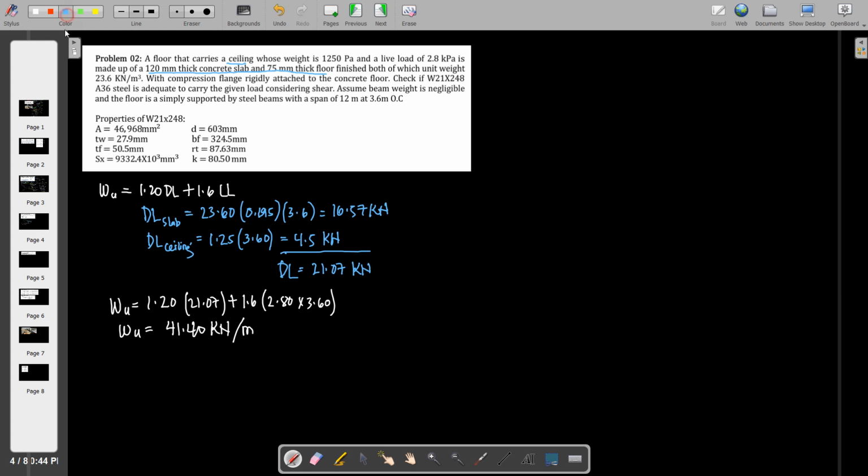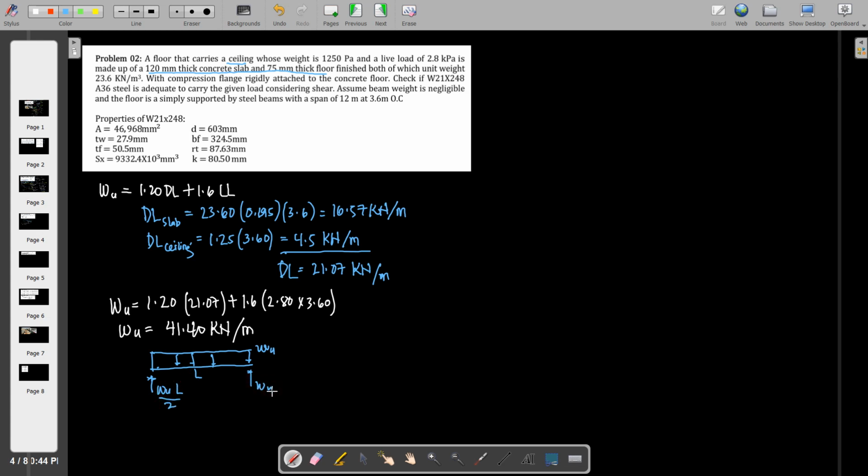So by the way, this is also kilonewton per meter. Okay, so in here, if we have a distributed load lang naman yan, the maximum shear is actually the reaction, no? So if this is W, so this is L over 2.